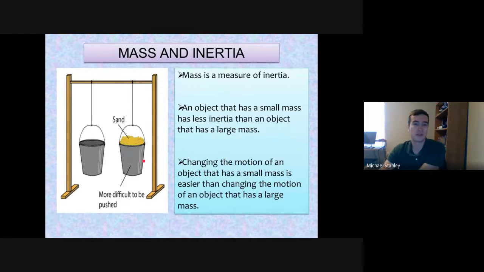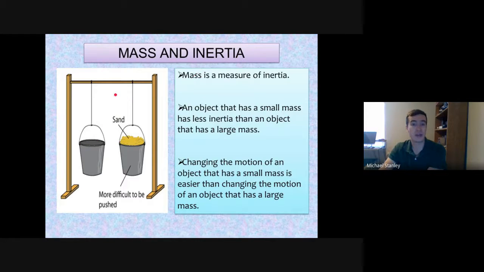Like with these buckets right here, we've got an empty bucket and a bucket that's full of sand, which is pretty dense and can get pretty heavy if you have a lot of it. The first law says that if no other forces act on these buckets, then they're going to stay still and not move.